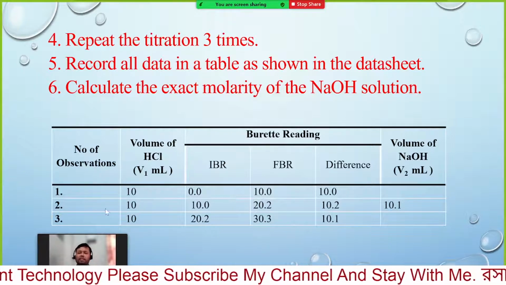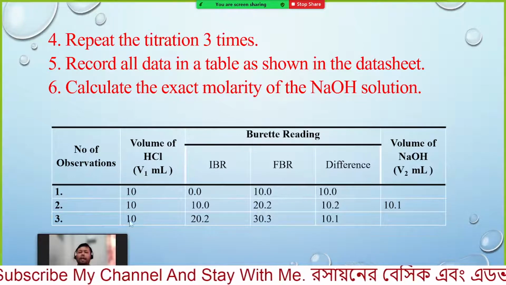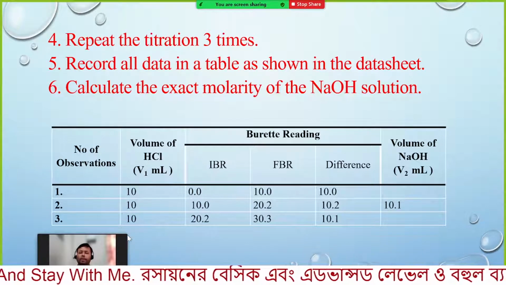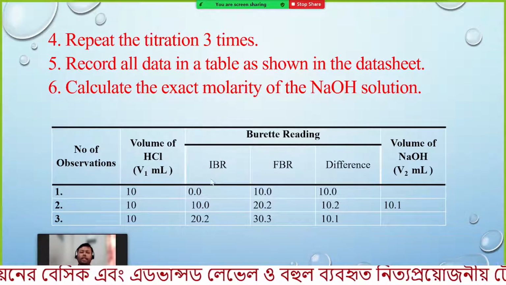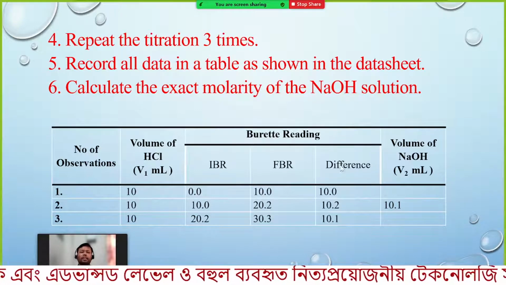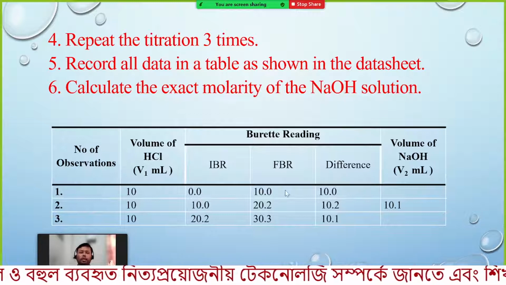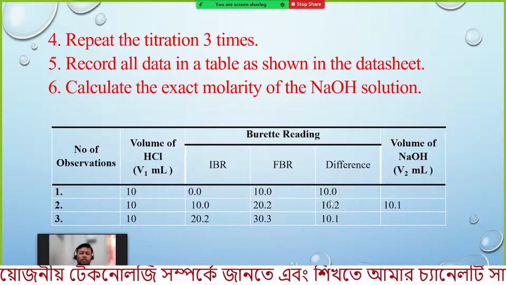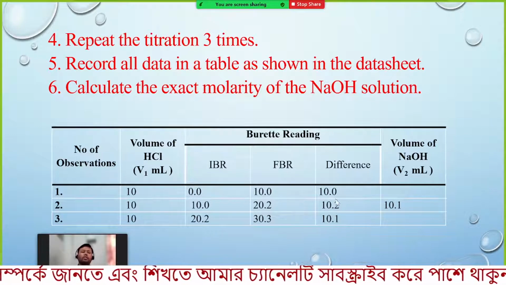So just note the number of experiments, how many experiments you are performing, and the volume of hydrochloric acid. Always we have taken 10 ml of hydrochloric acid in the conical flask, and this is the initial burette reading, final burette reading, and difference. Every time you need to read the initial and final burette readings and get the difference to get the information how much volume of the sodium hydroxide you have added.